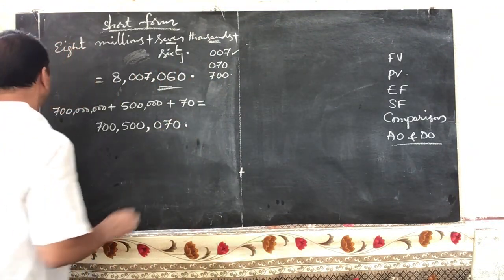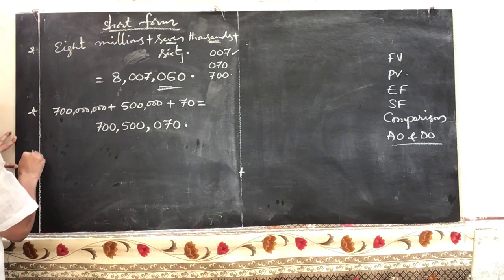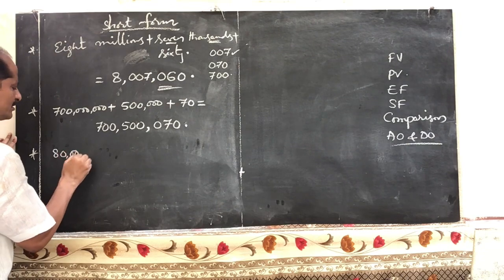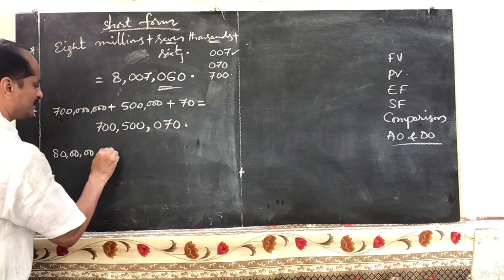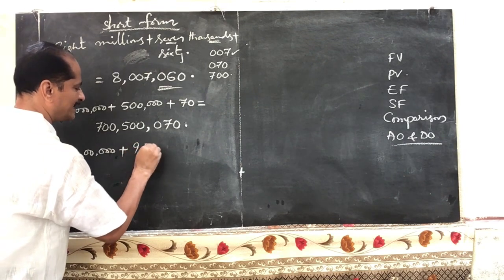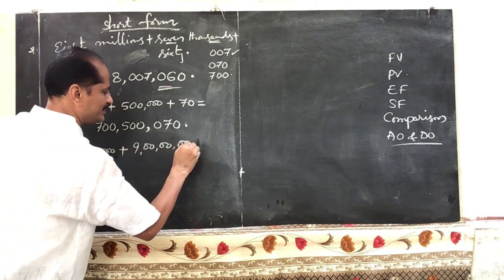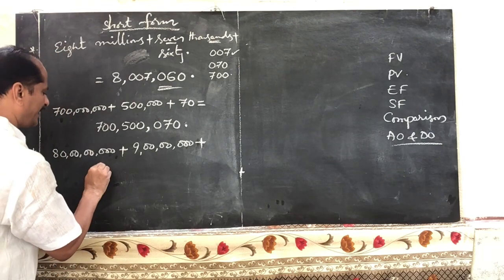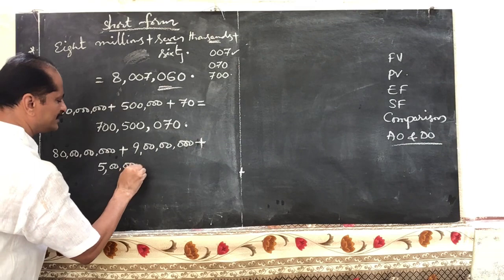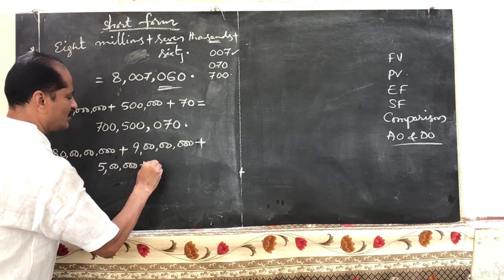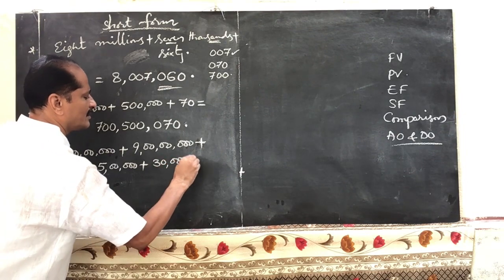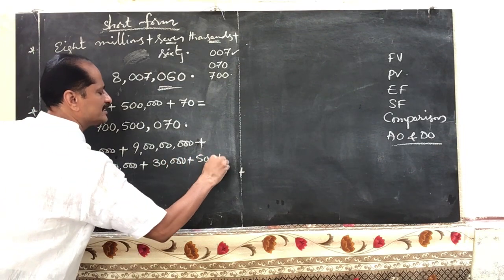For example, you can check another question here. 80 crores, lakhs, thousands, units. 80 crores plus 9 crores, lakhs, thousands, units, plus 5 lakhs, thousands, units, 5 lakhs, 30,000, plus 500 plus 4.